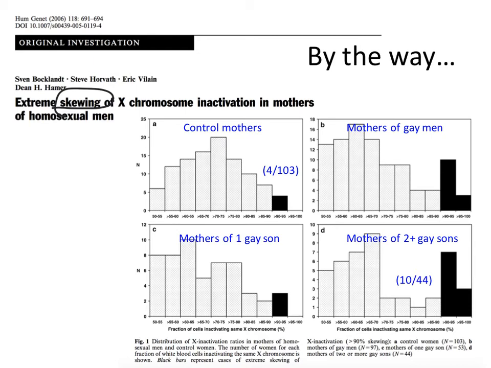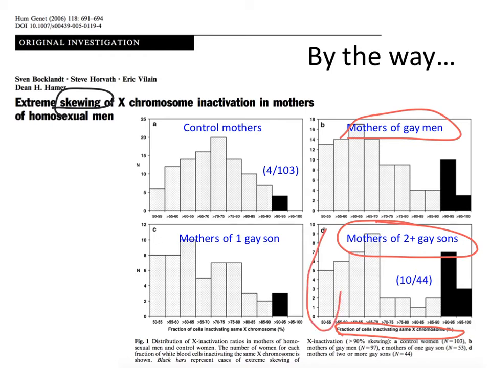When you've got mothers of gay men or mothers of 2+ gay men, what we're looking at here on the x-axis is the fraction of cells inactivating the same X chromosome. So we'd expect 50%, which is down here. Women that had gay sons, there were 5 women in this study out of 44 that had that expected 50-50 split, where half the X chromosomes were turned off in half their cells and the other X chromosome in the other cells.